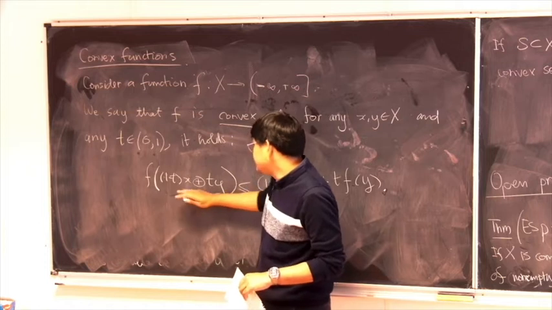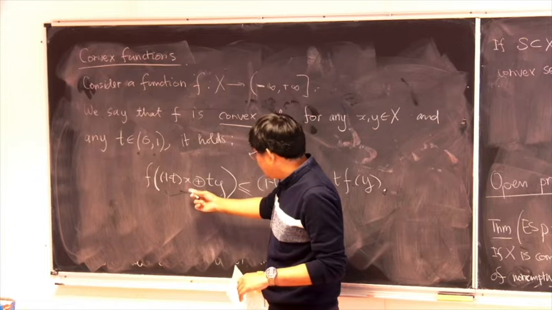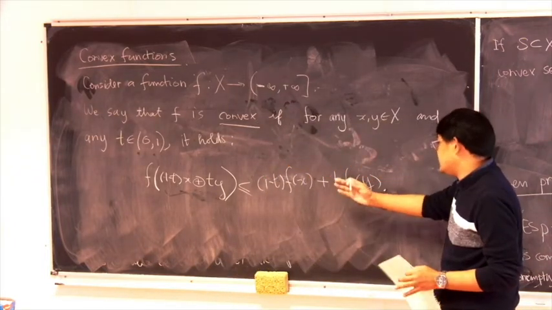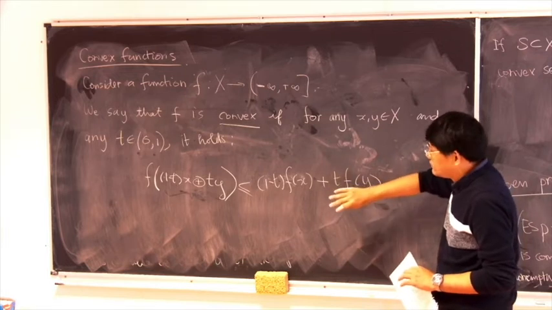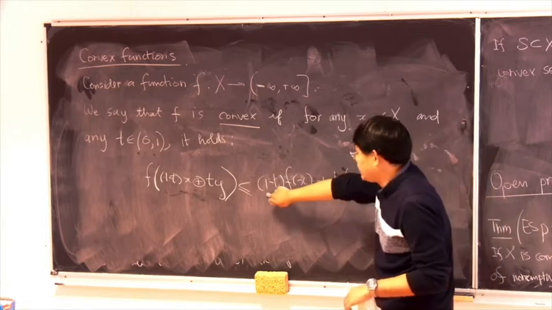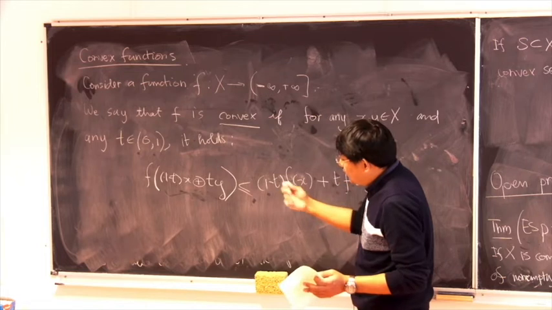When t is 0, this convex combination reduces to x. On this side, t is 0, so we may delete this term, and this is 1. So f(x) is less than or equals to f(x). Not so interesting.